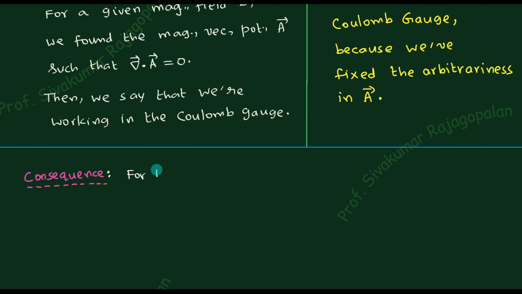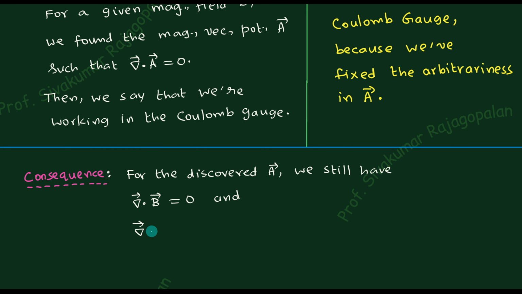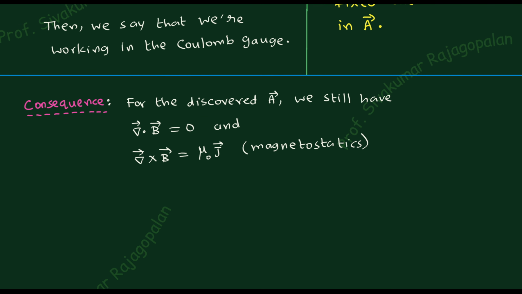Now that we have discovered the capital A, our conclusion is that we still have the original divergence of B equal to 0, and not only that, curl of B equal to mu naught into J. So these equations are still valid. Nothing happened because of the capital A. That is what we say, that we maintain our physics intact while doing all this gymnastics.